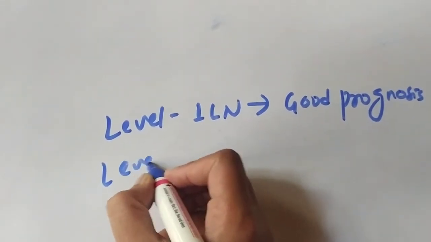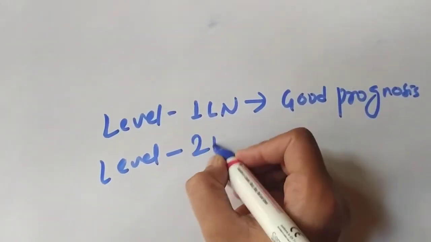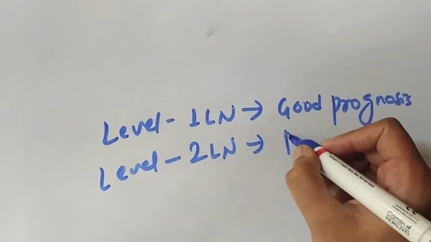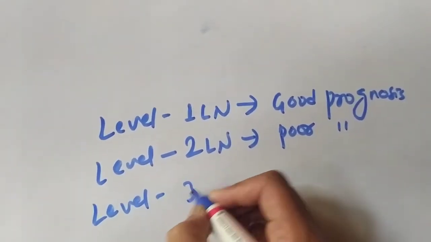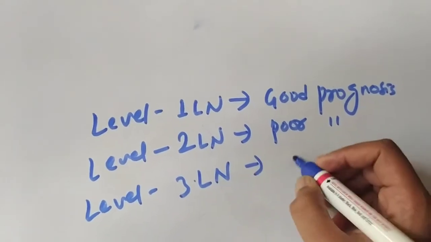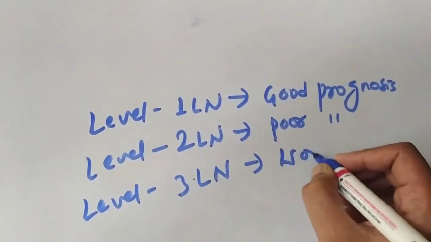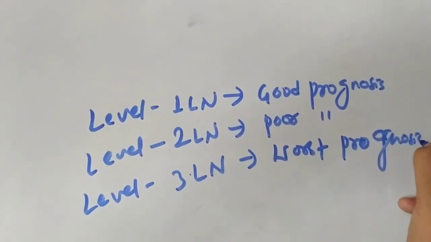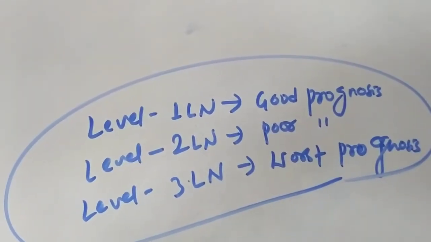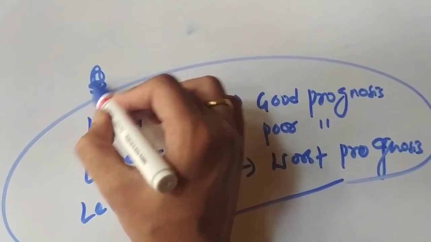And if the cancer crosses level 1 and reaches the level 2 lymph nodes, it means there is a poor prognosis. And if it reaches the level 3 lymph nodes, it indicates a worst prognosis. So this is the thing that you have to keep in mind, and this is known as Berg's level.